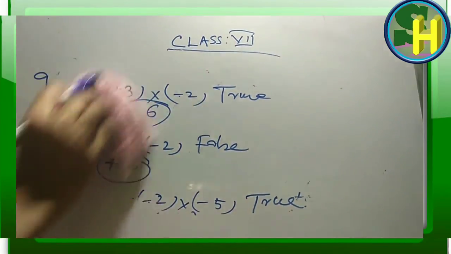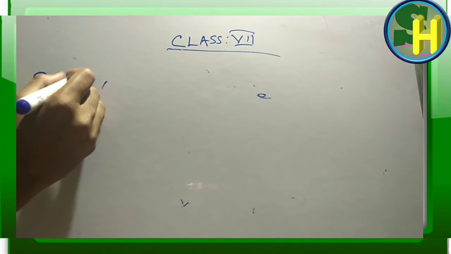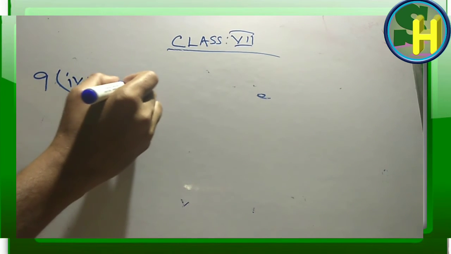Next, question number 9(4). Every integer when multiplied with minus 1 gives its multiplicative inverse. Clear? So take an integer number plus 3.